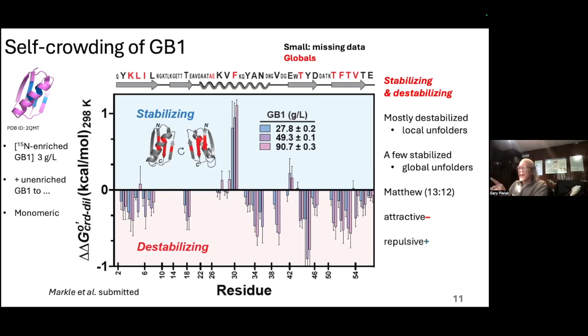The repulsive interactions occur because all these proteins have the same charge. So the idea of crowding is more complicated than simple theory would have us think. The classic model is too simple.